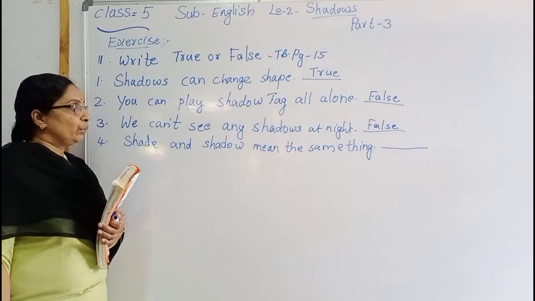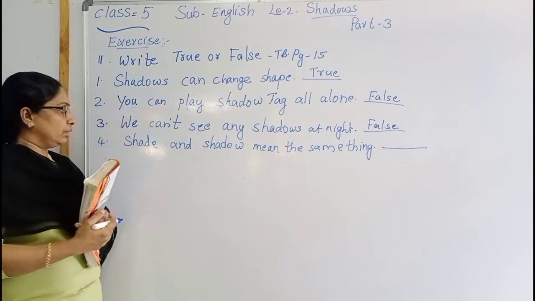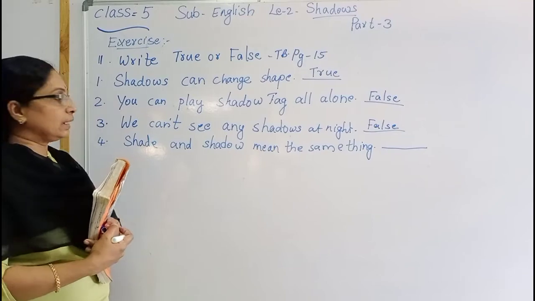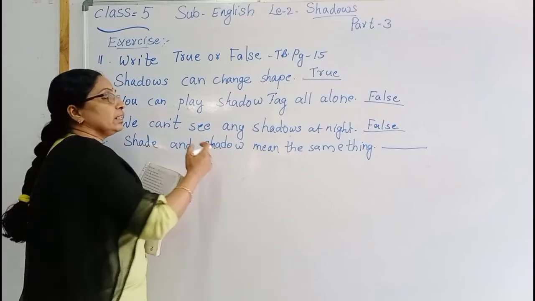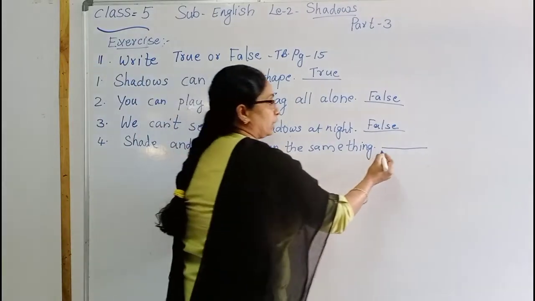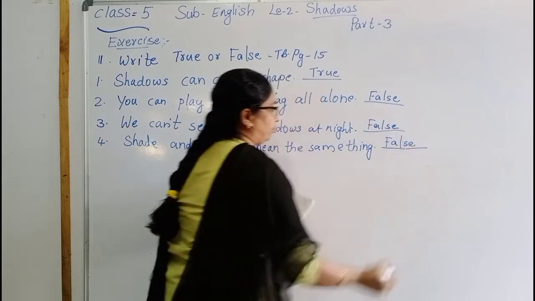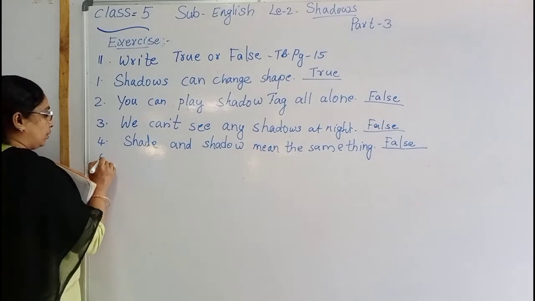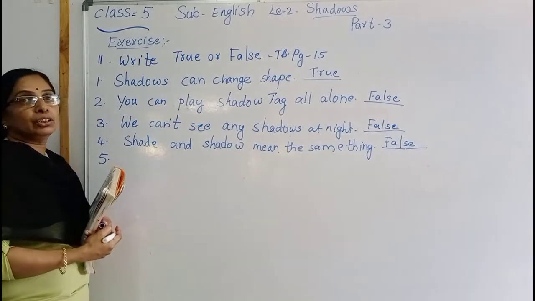Is it correct? No. Shadow is the reflection. Shade is where we sit under the tree. That is the shade. We are getting the shade. Shadow is the reflection of anything. That is shadow. So the statement is false. That is a different thing. We get different meanings for shade and shadow.